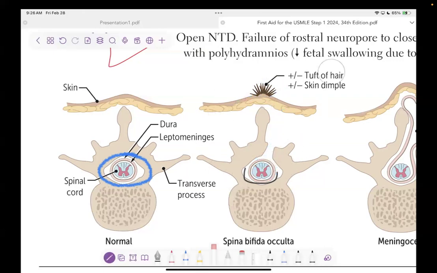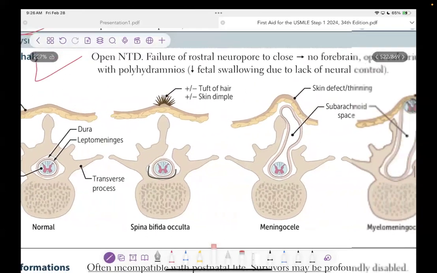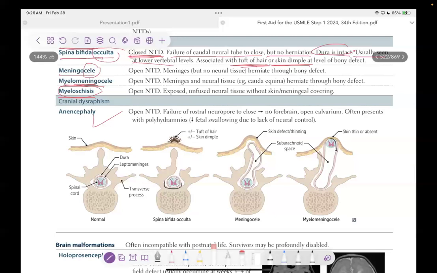So we only check the tuft of hair and the dimple of the skin here, because it is very important to help the baby early. If we don't catch it early, later on all the neural tissue gets together here and causes cauda equina syndrome, which has a lot of morbidity and poor prognosis.